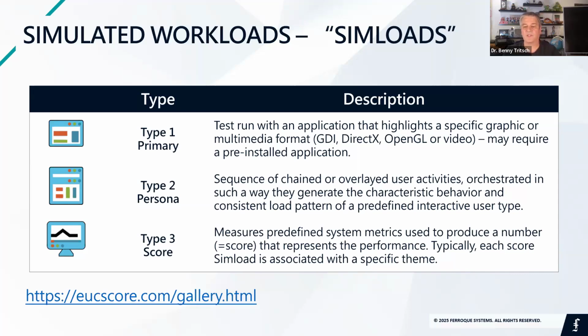So this is why I have these type 2 workloads. And then a type 3 that creates a score, but only for the kind of workloads where things that are happening on the screen, the endpoint matters here. Like, how long does it take to open a dialog box?